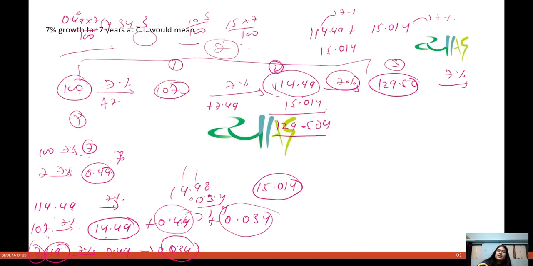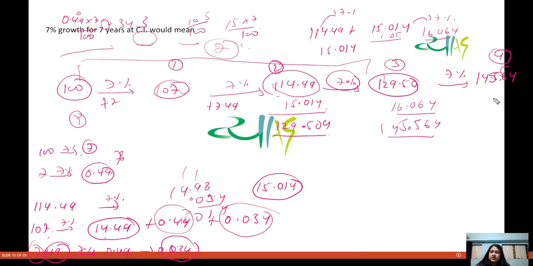So 7% of 15 gives 1.05. So just add 1.05 here and you have 16.064. Just add 16.064 here, so that will be 145.564. So this is our fourth term we got.